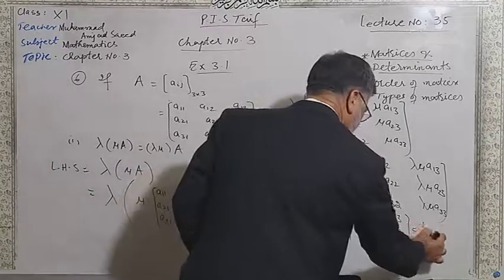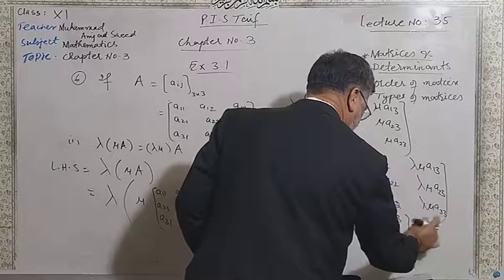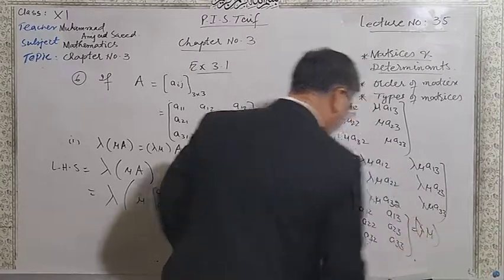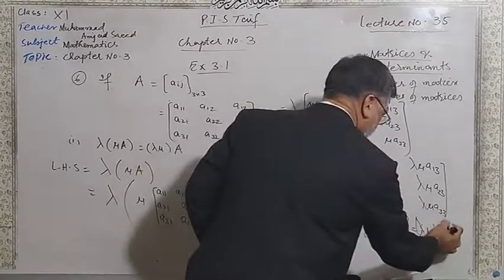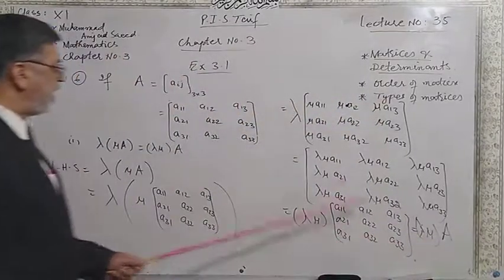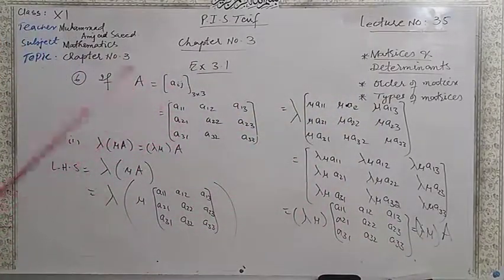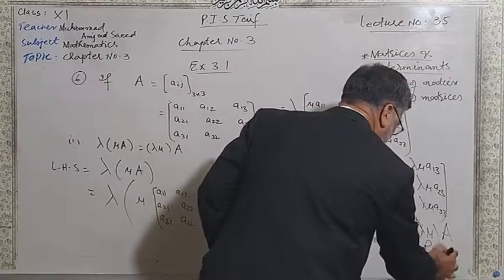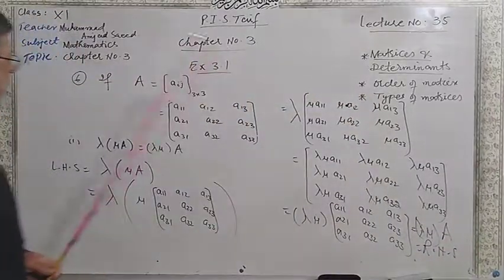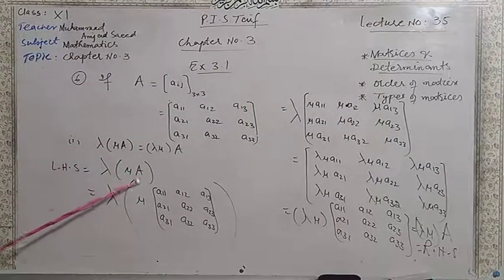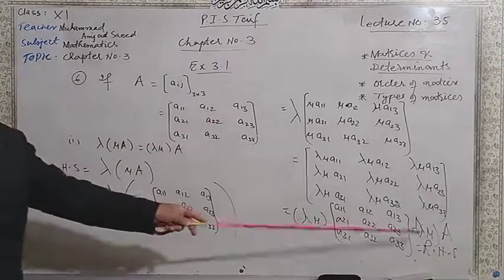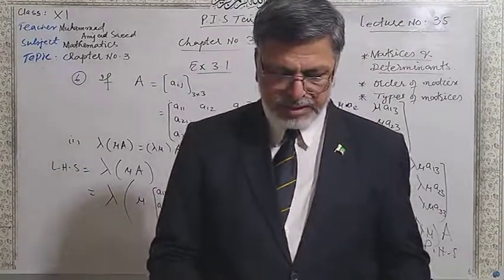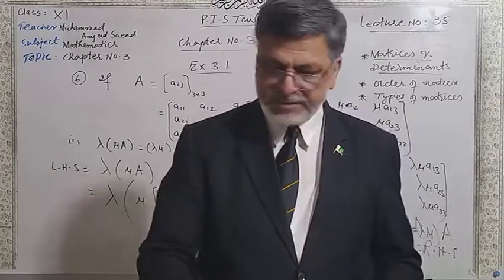And you know that this is lambda mu, and what is inside is equal to capital A. This is the name of your matrix. So it is equal to the right hand side. Dear students, we started from the left hand side and reached the right hand side. That was part number 1 of question number 6.